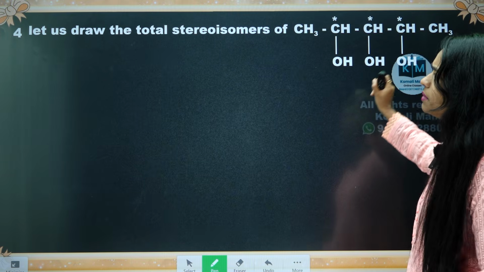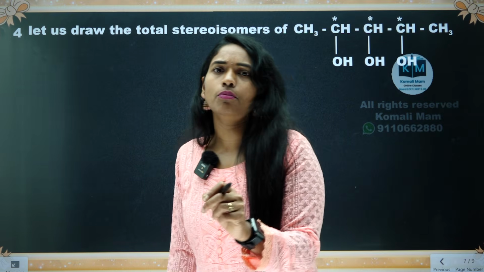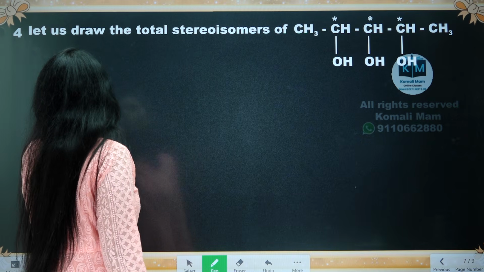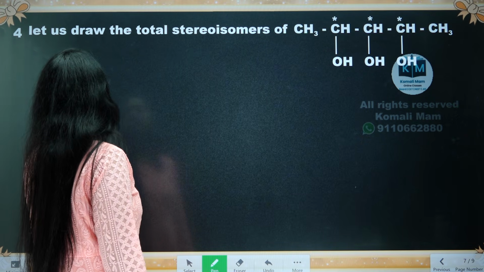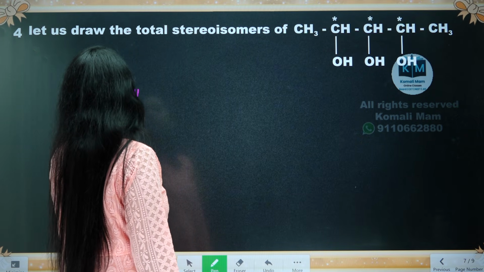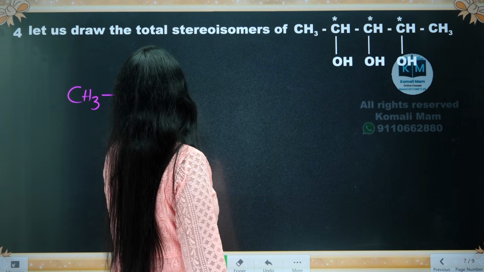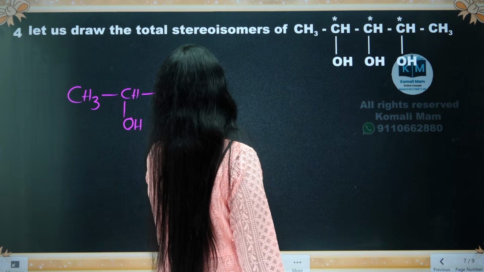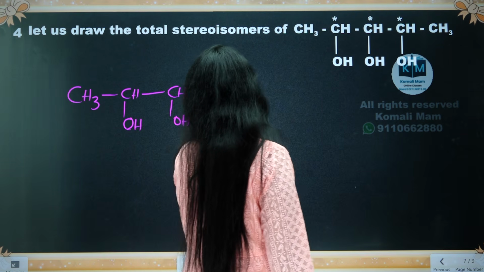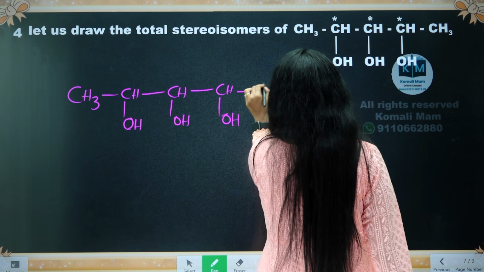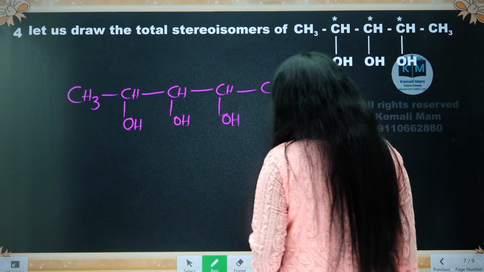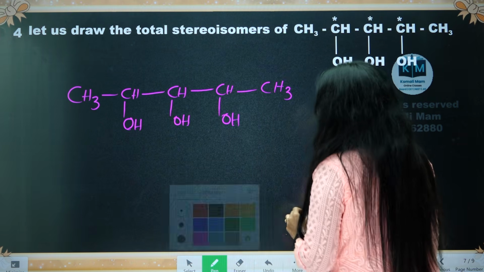Okay. Question number 3 is a very important model. I'll explain now. See, question number 3, very important model. Because of this only students feel difficulty. Just observe this question. Students, here. How many stereogenic centers are present?